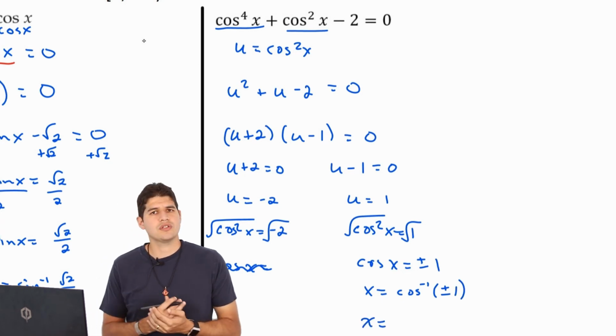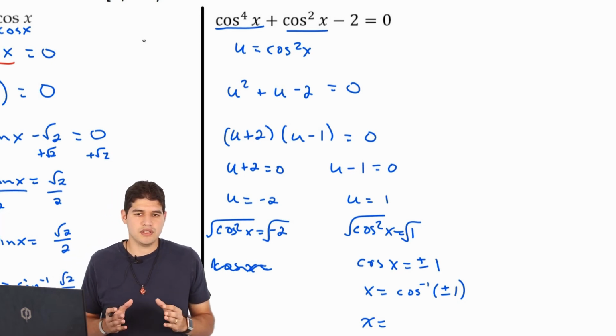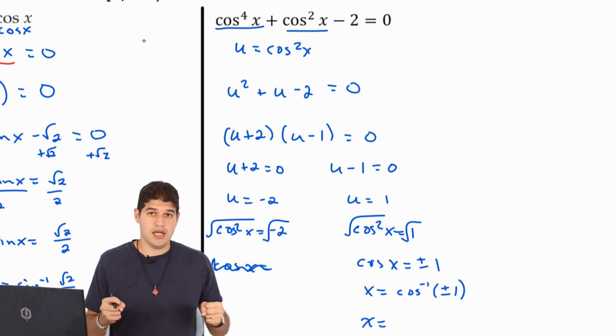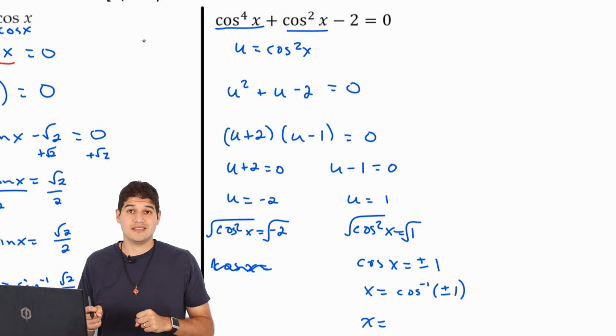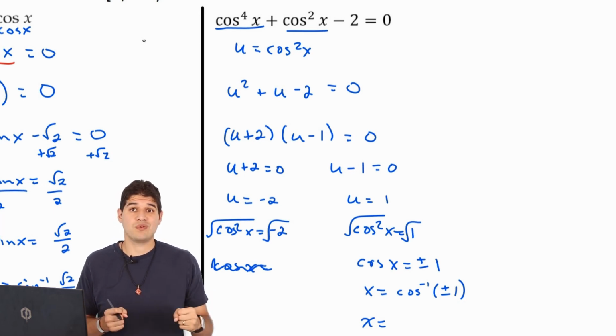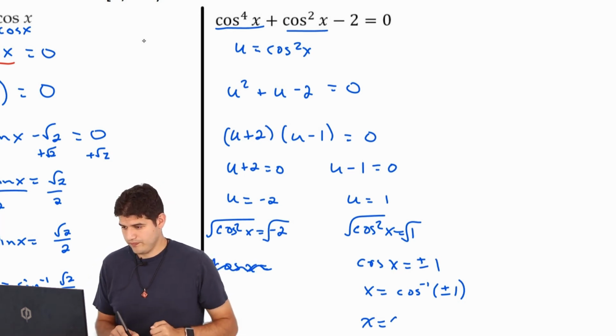So on the unit circle, where are my cosines positive or -1? That's going to be at 0 or pi. It's going to be +1 at 0 degrees or 0 radians, and it's going to be -1 at pi radians. So 0 or pi.